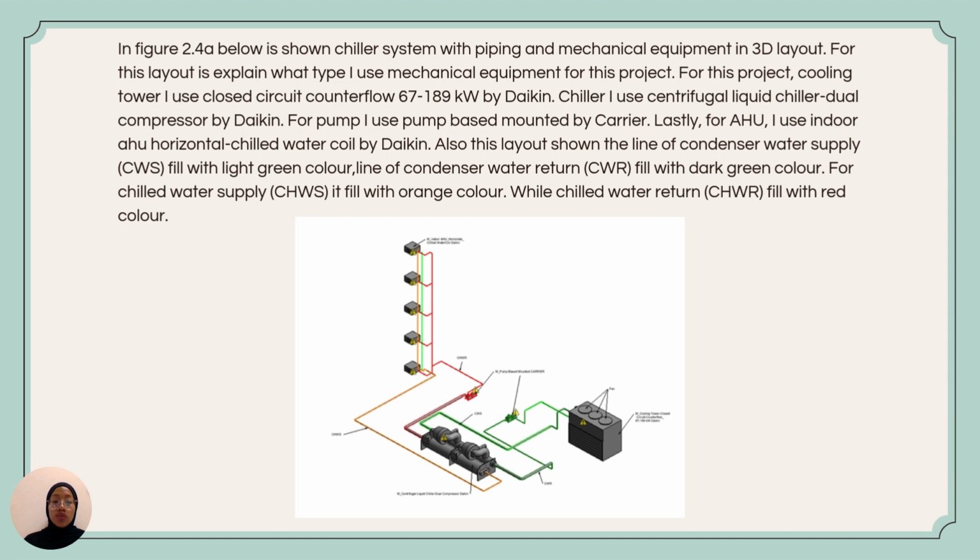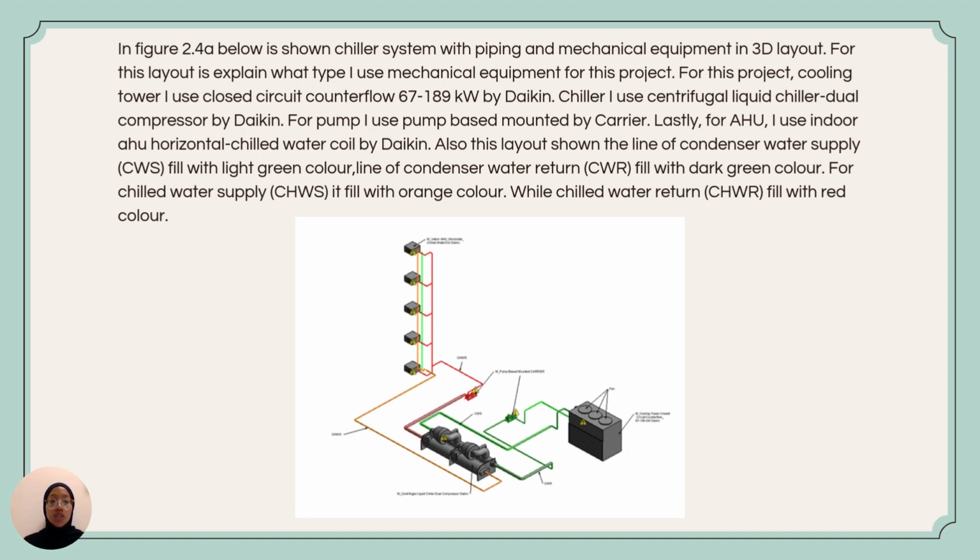In the figure below, it shows the chiller system with piping and mechanical equipment in 3D layout. For this layout, it's explained what type of mechanical equipment I use for this project.